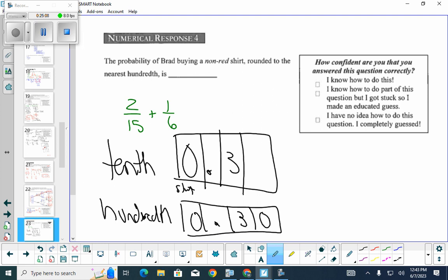Now, they've stayed away from that. The mathematical reason for staying away is, does the value of 0.3 have the same value as 0.30? Does it represent the same number? Yes, the same amount. So because 0.3 has the same value as 0.30, it doesn't matter that you round it differently.